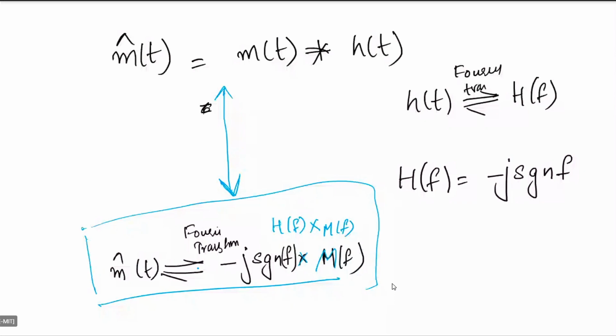Like m hat t should be equal to whatever the expression is in the time domain, right? It is not equal to, I am telling. This is not an equation, this is a transform. Yes, ma'am, that I understood.